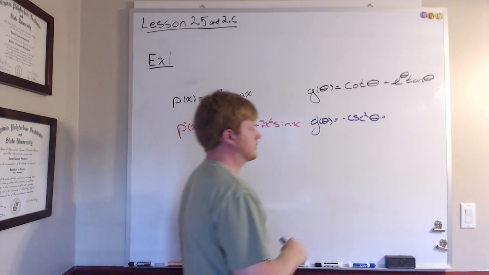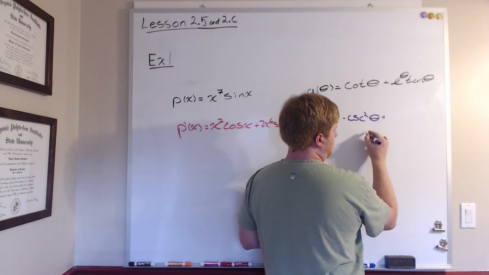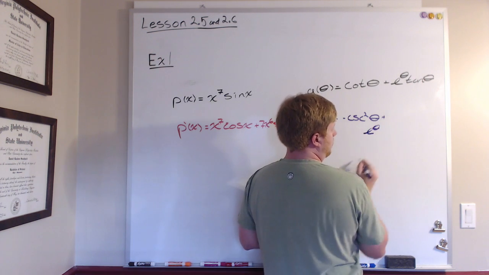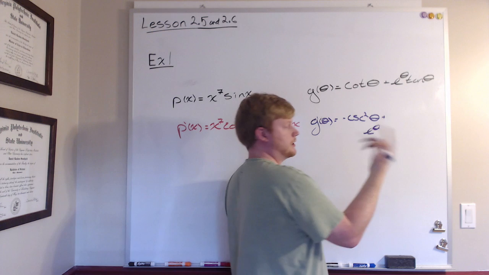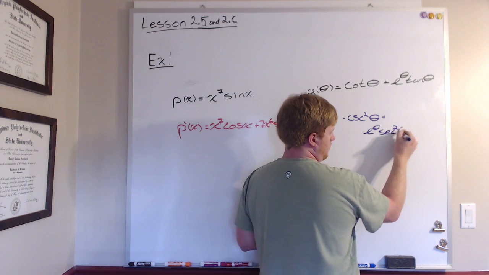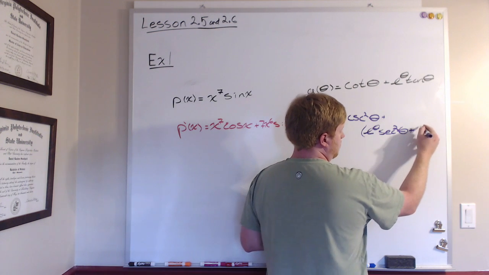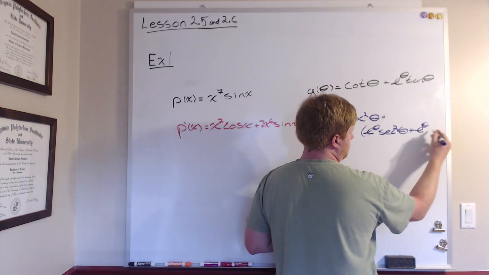So product rule is going to come into play, which is first times the derivative of the second plus the second times the derivative of the first.